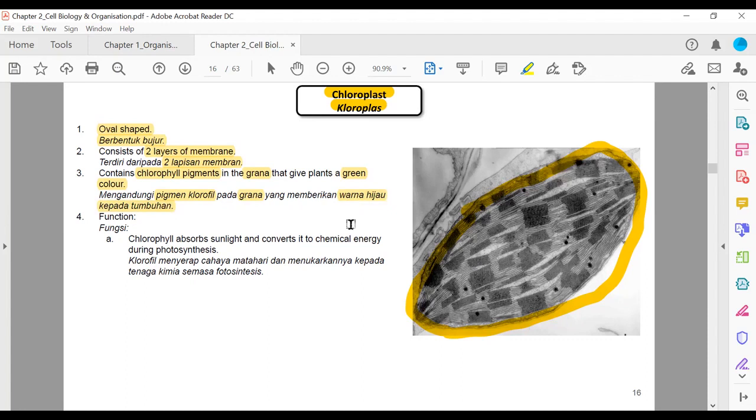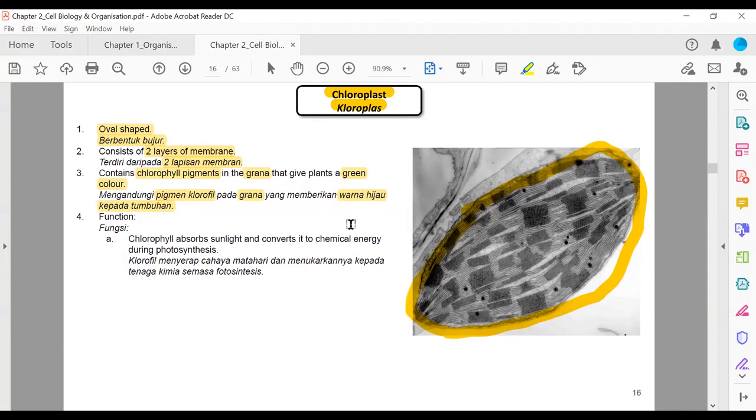Pigment means substance that gives color, bahan yang memberikan warna dipanggil sebagai pigment. So dalam chloroplast ada pigmen yang berwarna hijau yang memberikan warna daun. Sebab tu daun warna hijau. So pigmen ini dipanggil sebagai chlorophyll. It gives the green color.